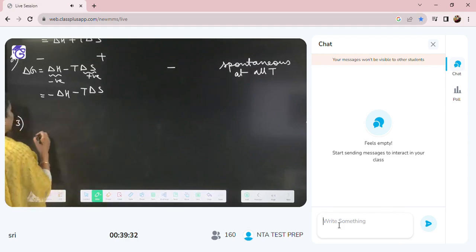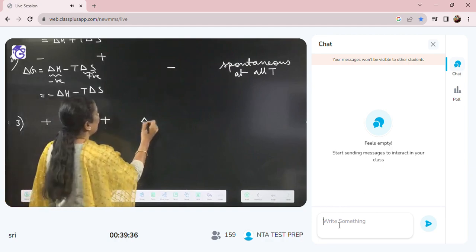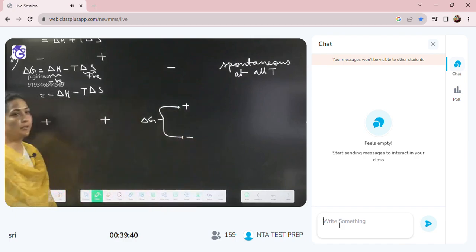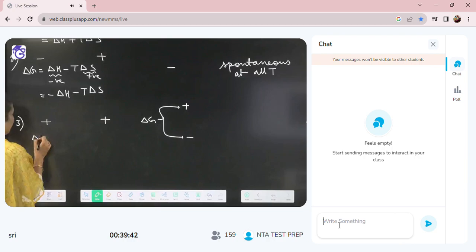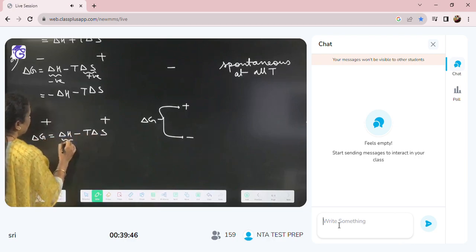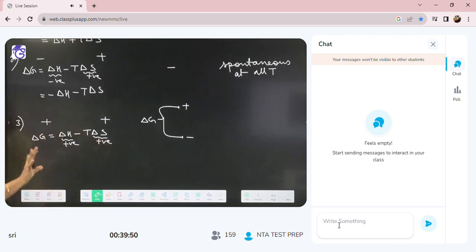Now the next thing is, if I take both positive, then there are two possibilities actually. Delta G could be positive, delta G could be negative. Here we have delta G is equal to delta H minus T delta S. This one is positive, this one is also positive, so the format of the equation remains the same.